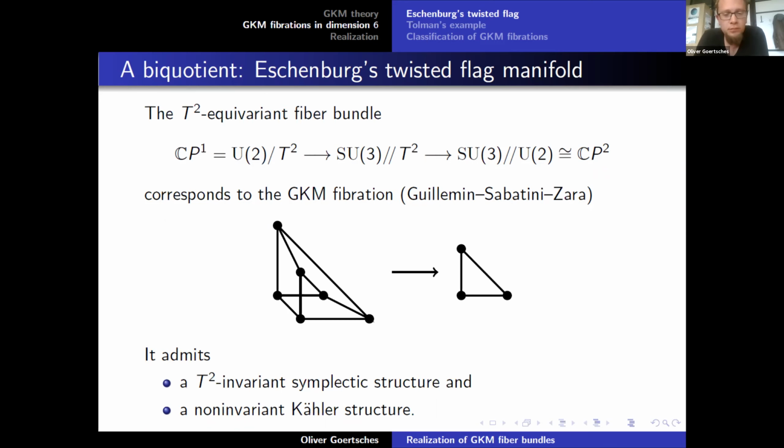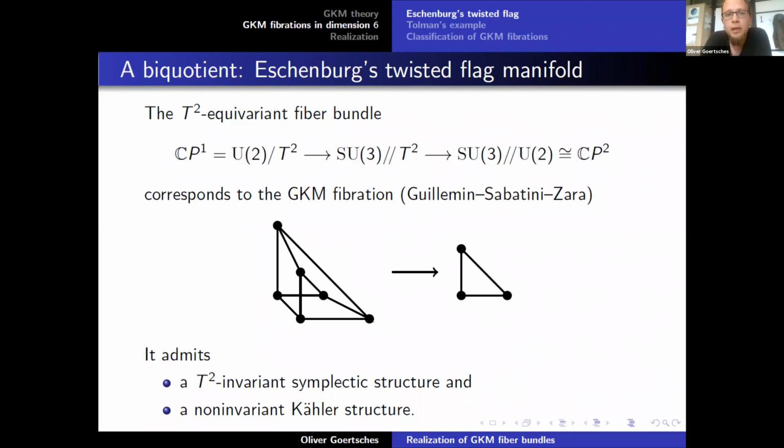Okay, so this was the first of our papers. We looked at lots of biquotients here. This is just the simplest example of the biquotients we looked at, and we introduced symplectic structures and also a few Kähler structures on them. We found this interesting because biquotients previously were considered only in the context of Riemannian geometry.